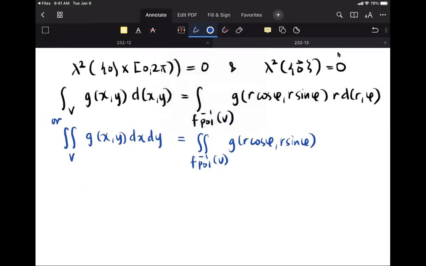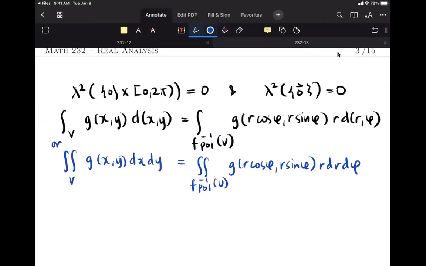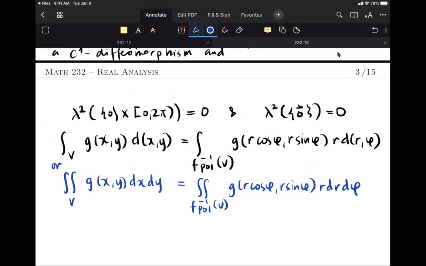Therefore here you must have r dr d phi. So this is another way of looking at this. But in this course, we write this as a single integral. But in calculus, we write it as a double integral.